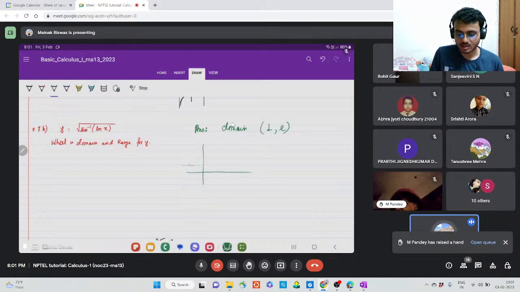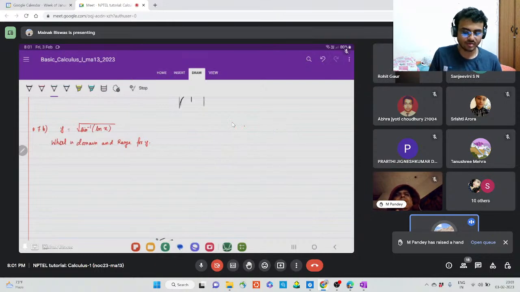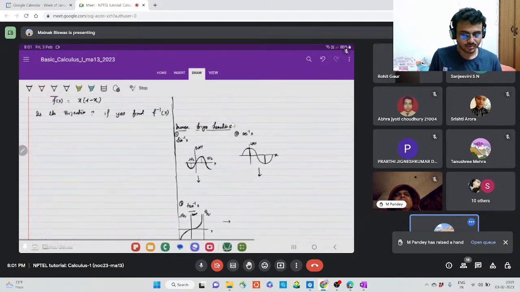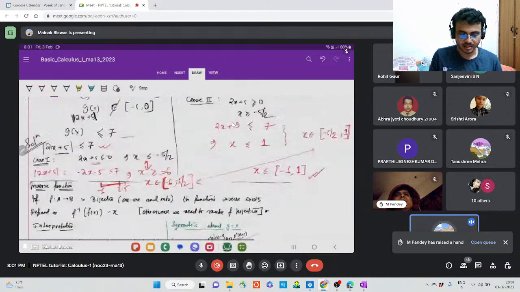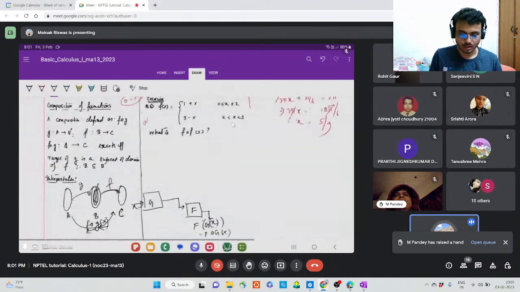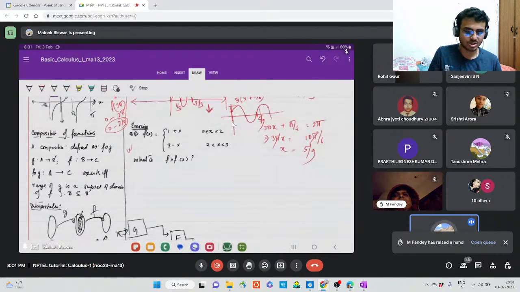I'll show, and this is log x and e to the power x graph I'll show now. And range is, I shouldn't talk about this now, leave it. I need to introduce sine inverse functions first. Better is, I would tell you to try this function. I would do this exercise, this composition of functions, next day.